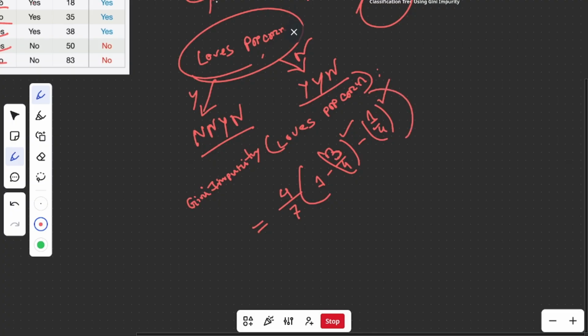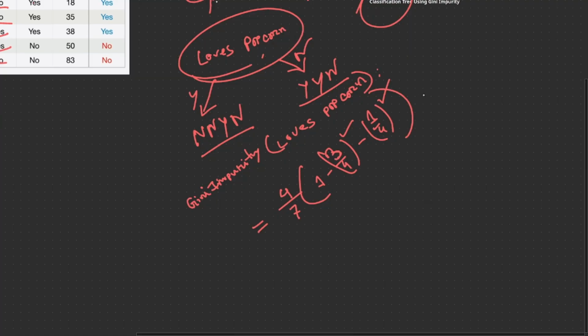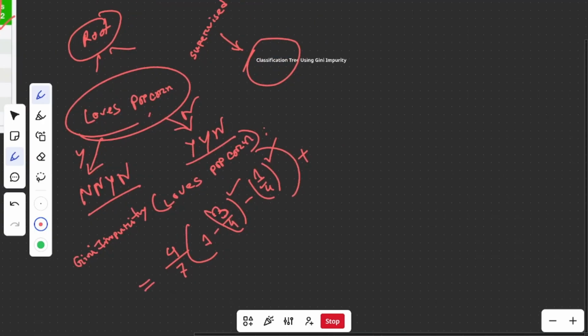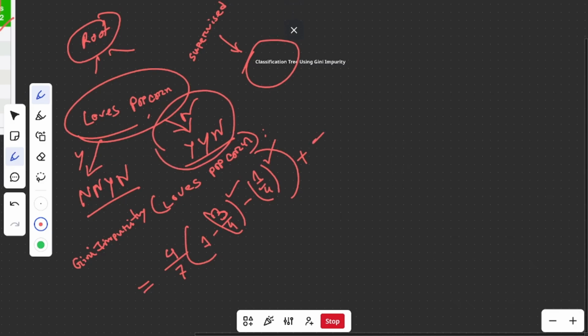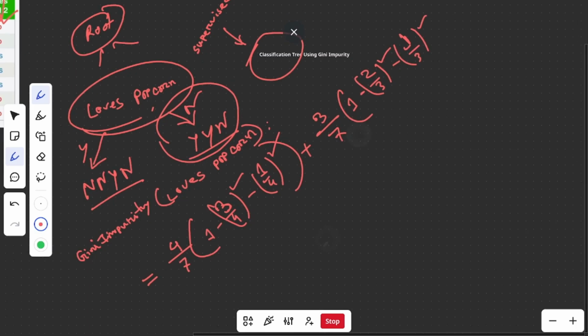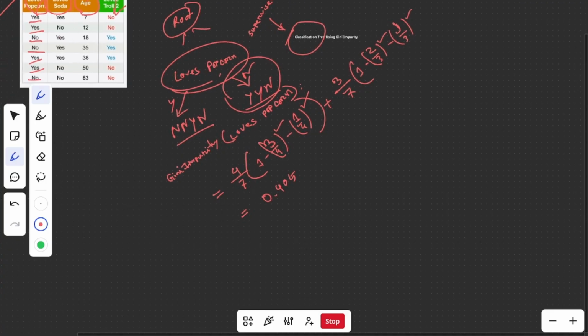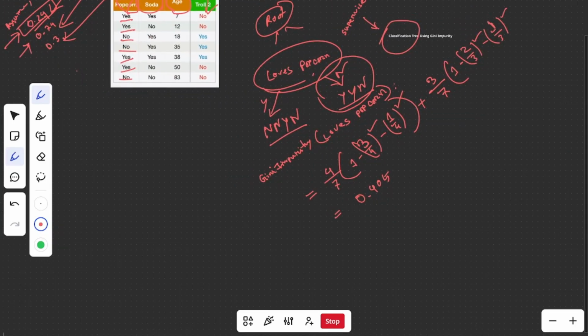So we'll do this square, then we will add the countings for no. Here 3 decisions out of 4 and 1 minus, here is 2 out of 3 is yes and 1 out of 3 is no. So after counting we get here 0.405.